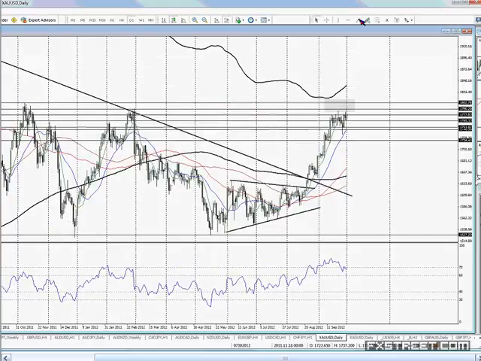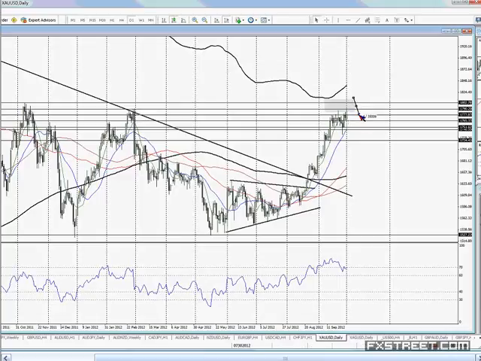Okay. So what could be developing? We get a higher high, we get to this pivot, maybe even clear it. Okay, but I think at this point we could get some strong correction.